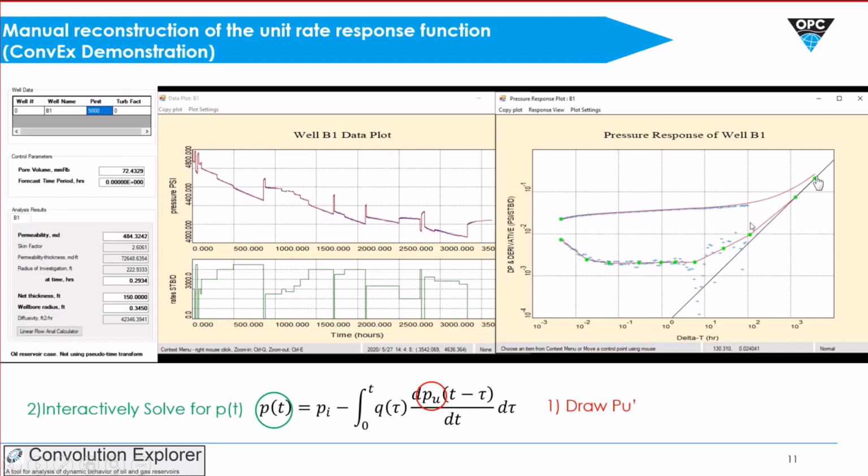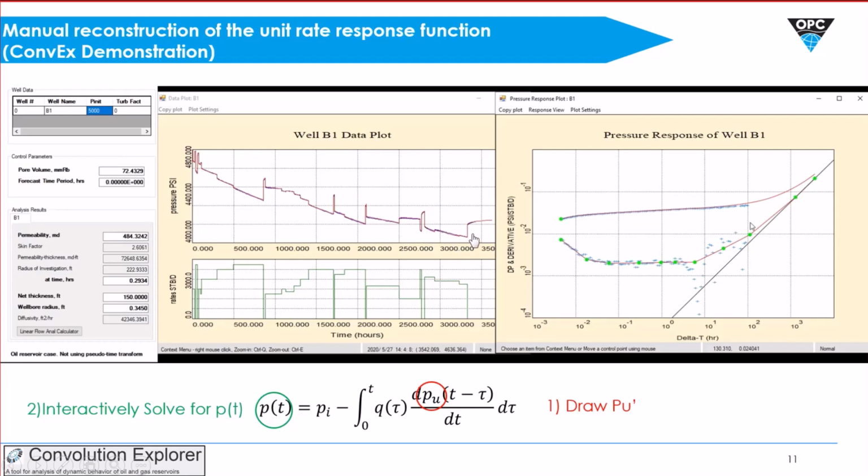You can also see that there are a lot of advantages over automatic pressure rate deconvolution, in that I can see the exact results of this unit rate response function compared to all of the flowing pressures, all of the PBU pressures.